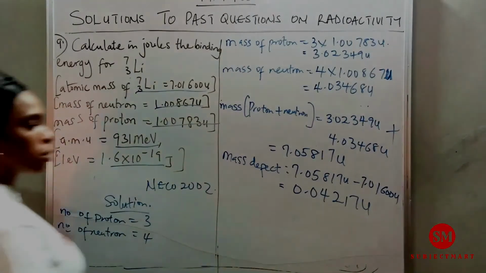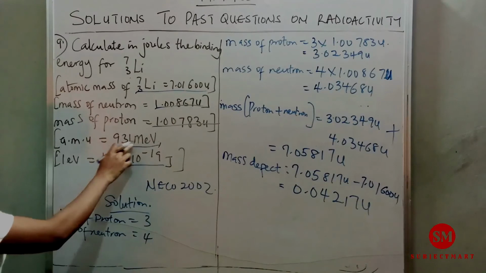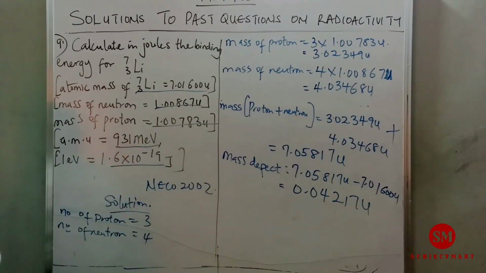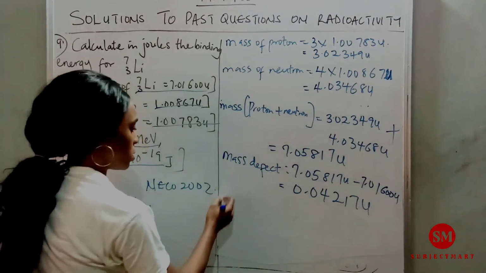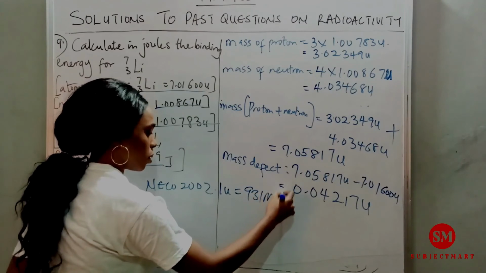Don't forget that 1 AMU is equal to 931 MeV. So what that means is that 1 U is equal to 931 MeV.